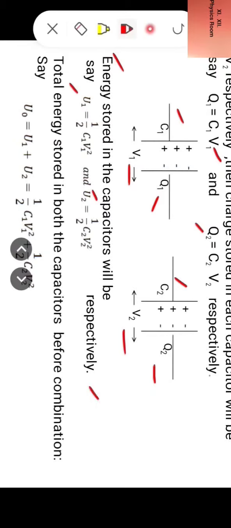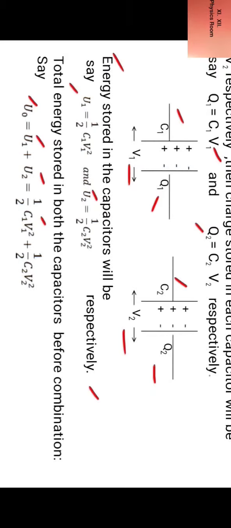The total energy stored in both the capacitors before combination, say U0, is equal to U1 plus U2, and it is equal to half C1 V1 square plus half C2 V2 square.